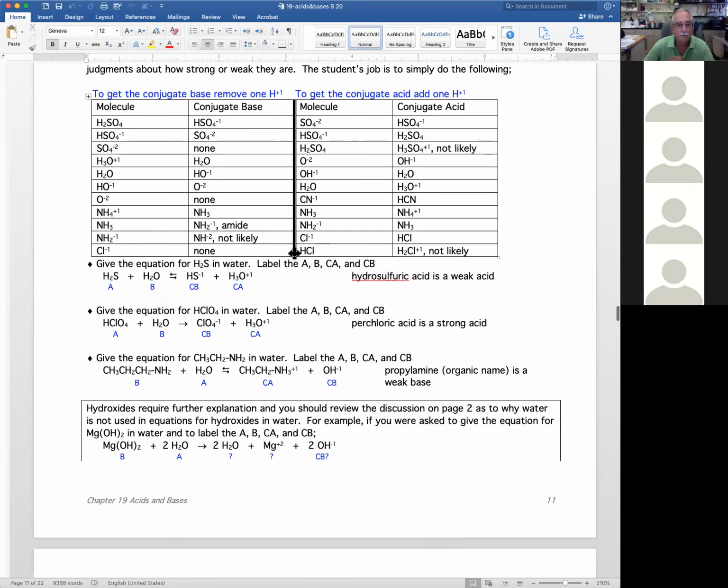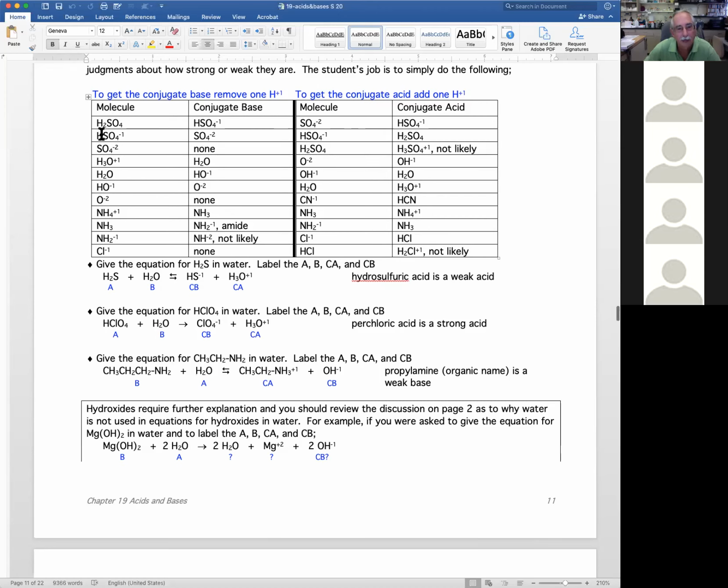So here's some examples. Here's sulfuric acid. There's two acidic hydrogens there, but we take off only one. Here's hydrogen sulfate. We take off only one. Somebody asks you, what is the conjugate base for the sulfate ion?